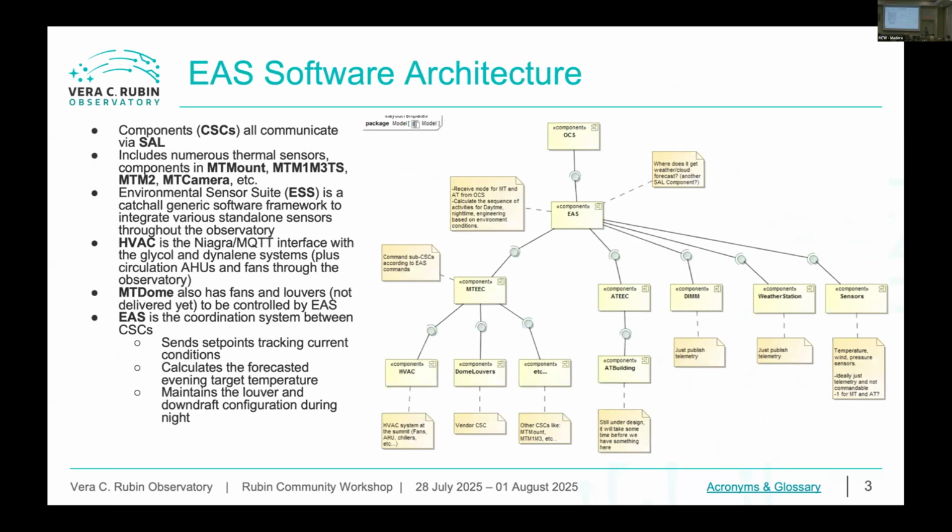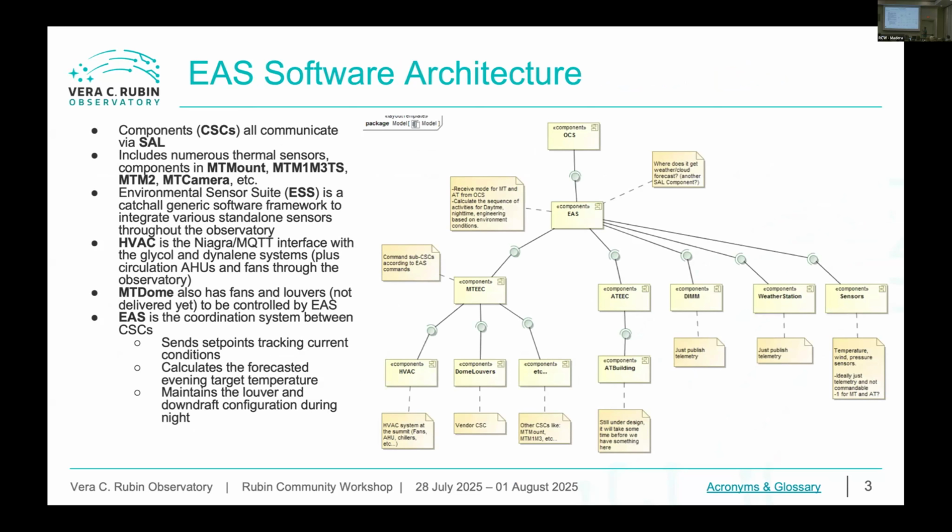This is an old diagram of how that architecture was set up originally. Most of it still applies. Some things have changed names. So the overall OCS was envisioned basically as the CSC architecture by the service abstraction layer communication.